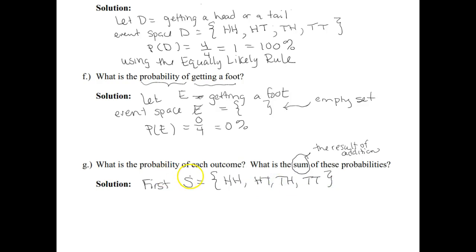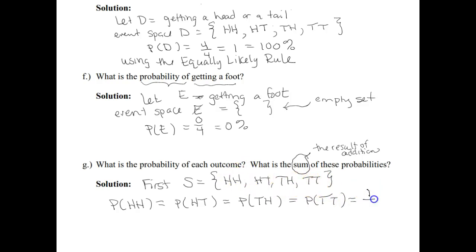And we want the probability of each of those. Since all of these were equally likely, because we had a fair coin and we considered all possible orders, all 4 of those probabilities are the same. HH is in here 1 out of 4 times, HT is in here 1 out of 4 times, TH is in here 1 out of 4 times, and TT is in here 1 out of 4 times.